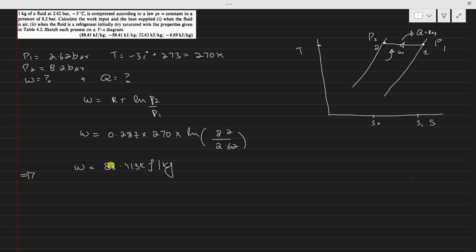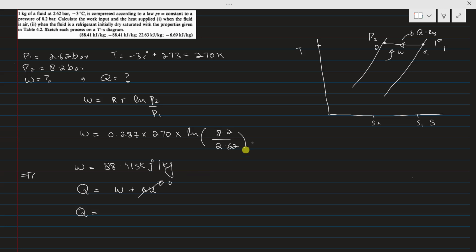Next we need to find the heat that is rejected during this process. According to the first law of thermodynamics, the heat supplied is equal to the work plus the change in internal energy. But during this process, the change in internal energy is 0. So the heat rejected is equal to the work done on the system, that is 88.413 kilojoule.